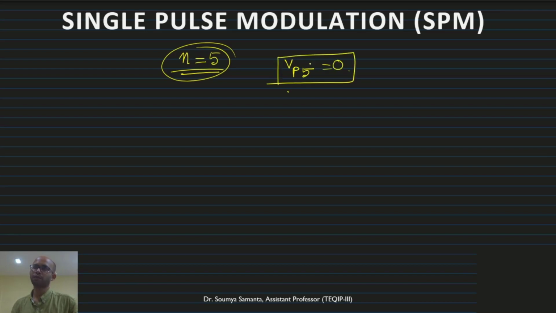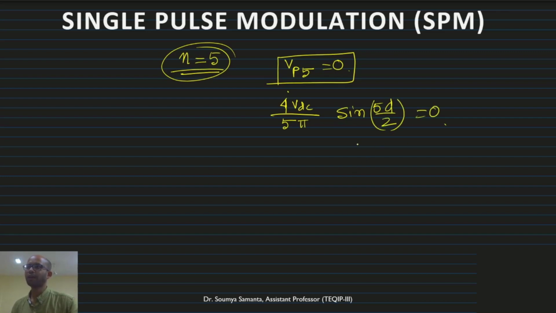N is the fifth harmonic, and this is the peak value of the fifth harmonic waveform. If we want to make it 0, what should be the value of d? By controlling d, we can do this. So 4 VDC by n pi, sine of n, where n is 5, d by 2, equals 0.